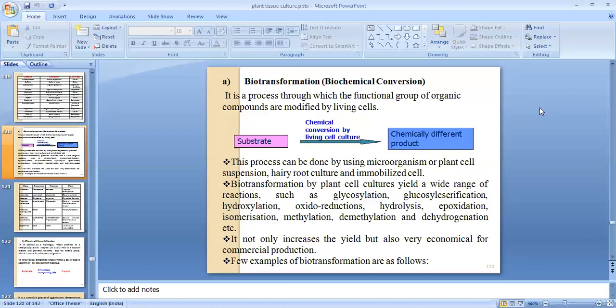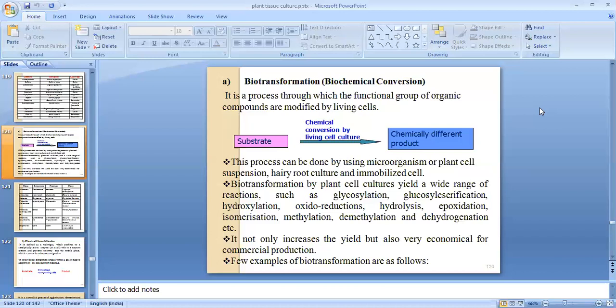The biotransformation by plant cell culture is brought about by various types of reactions like glycosylation or glucosylation, esterification, hydroxylation, oxidoreductions, hydrolysis, epoxidation, isomerization, methylation, demethylation, or dehydrogenation, etc. It is not only employed to increase the yield, but it is also highly economical for commercial production.